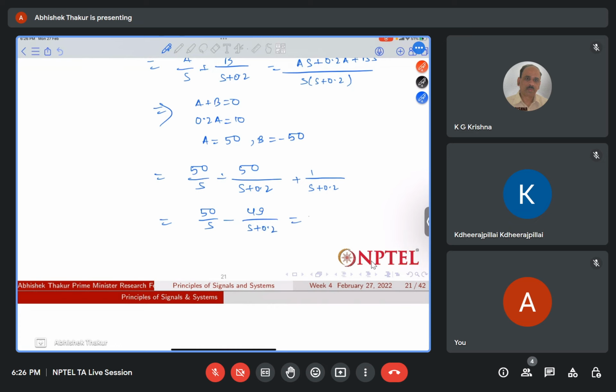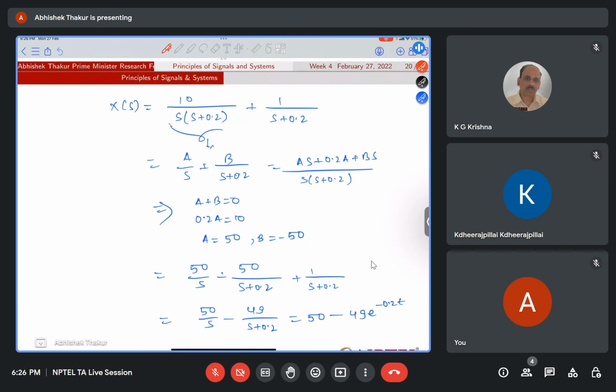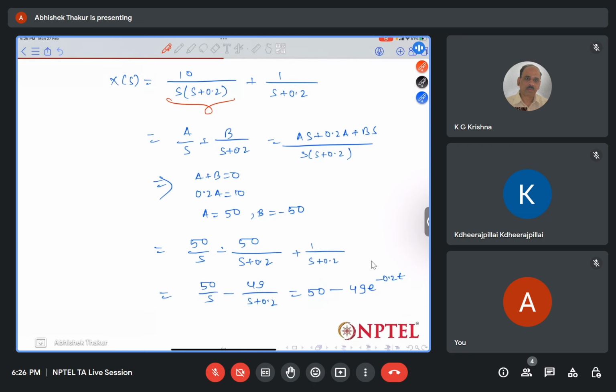So this will be 50 into u(t) minus 49 into e to the power of minus 0.2t. First we calculated for this term and then we added it. So this is our x(t). Any doubt in this question?